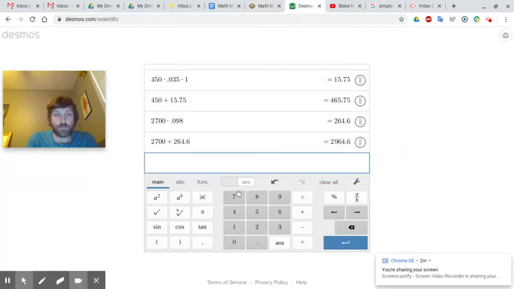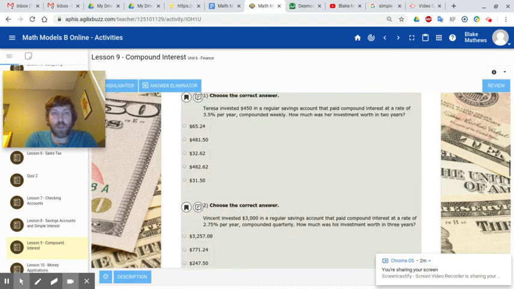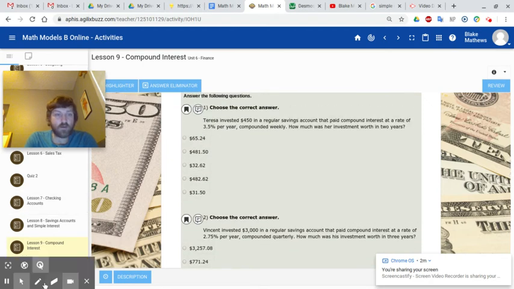So we're going to try to make this as easy as possible using Desmos, but let's look at our problem here first. All right. Teresa invested $450. That's our P. P is the starting amount in a regular savings account that paid compound interest at a rate of R, compounded weekly.